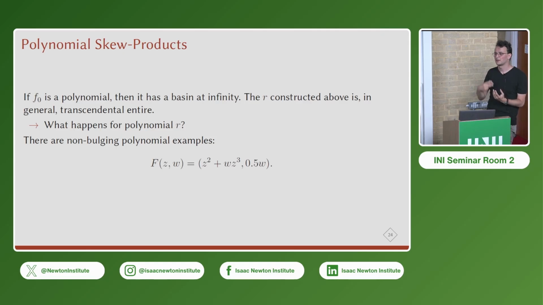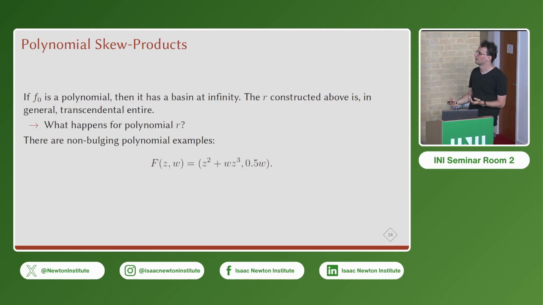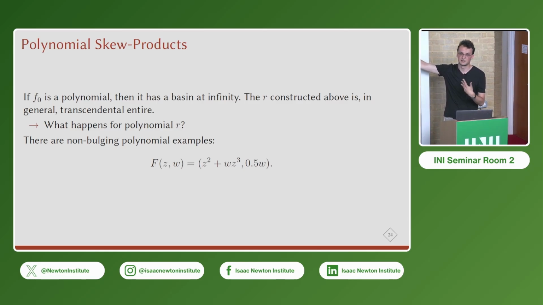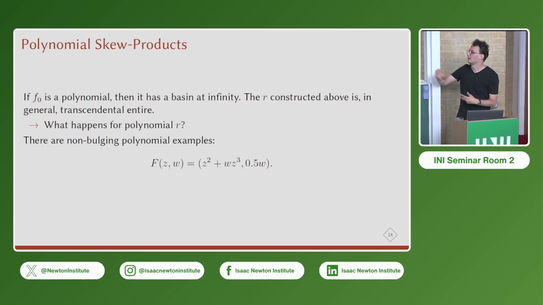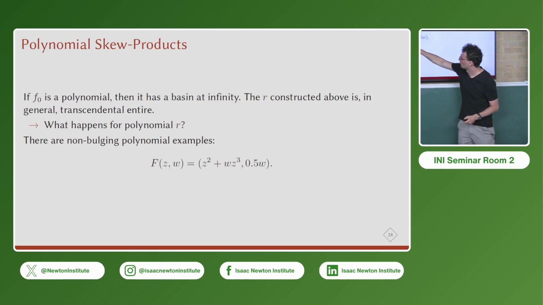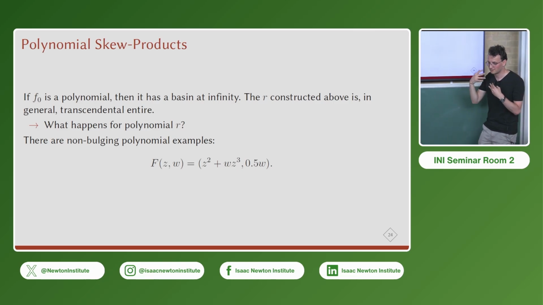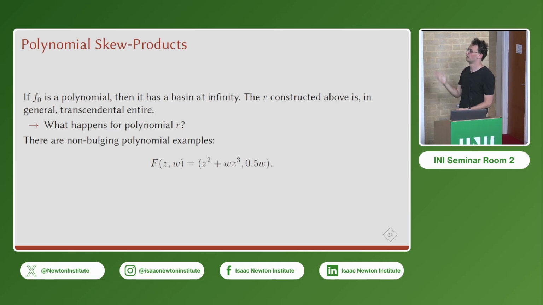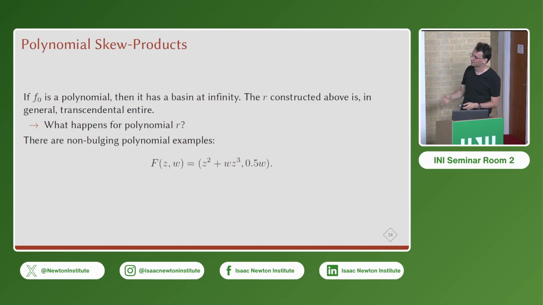But if you iterate sufficiently often, then at some point, because in the first coordinate we are squaring, in the second one we are just multiplying by 1/2, suddenly the z cubed term is going to dominate, and then this one is going to explode at one step, which is going to introduce a lot of chaotic behavior, which in the end leads to the non-bulging behavior. Because not everything goes to infinity, but there's some dependency.